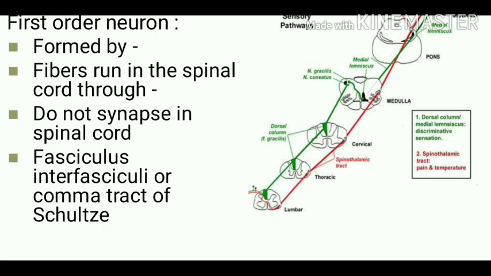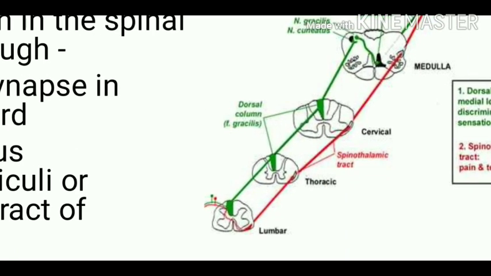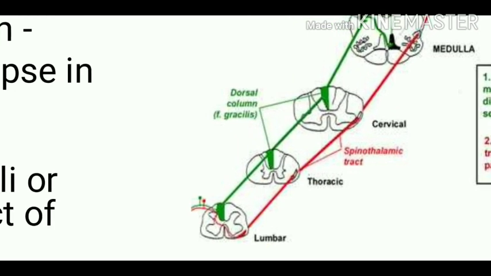They are A alpha and A beta fibers. They enter the spinal cord mainly from the medial division of the dorsal nerve root. Now, these fibers run in the spinal cord through the dorsal column as fasciculus gracilis and fasciculus cuneatus. You can see here this green one, that is the fasciculus gracilis neurons.